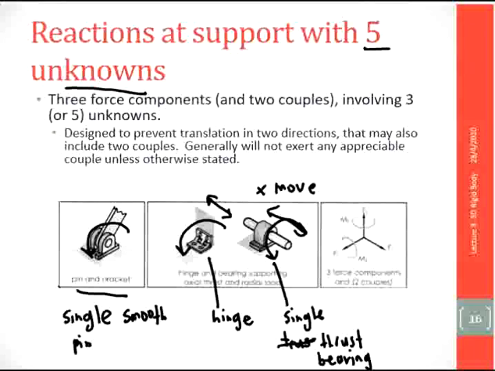So that's why we have 5 unknowns, all for the force. Okay, but for the x axis, no reaction moment because it can rotate about the x axis. But for z and y, there is moment reaction.